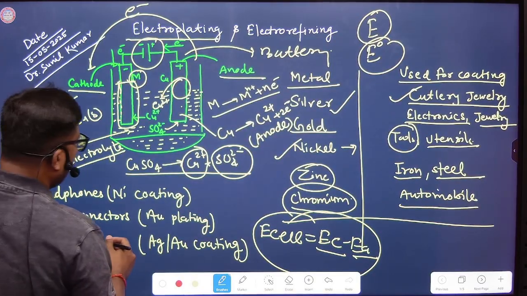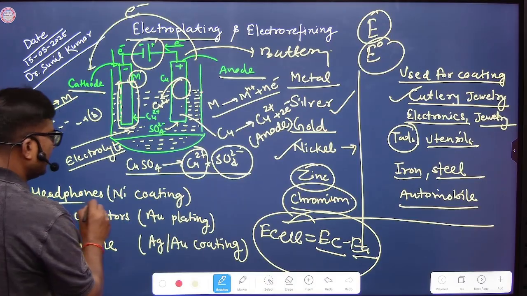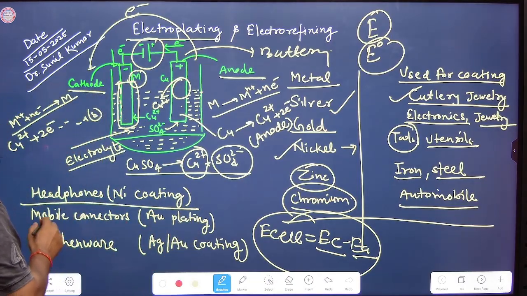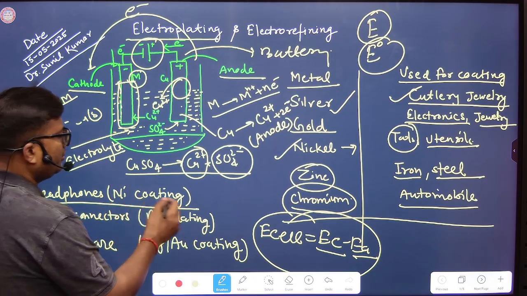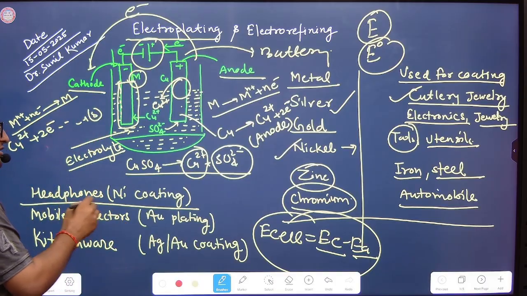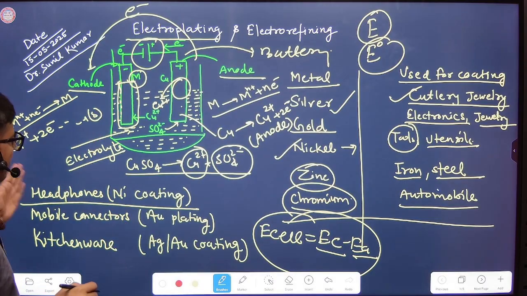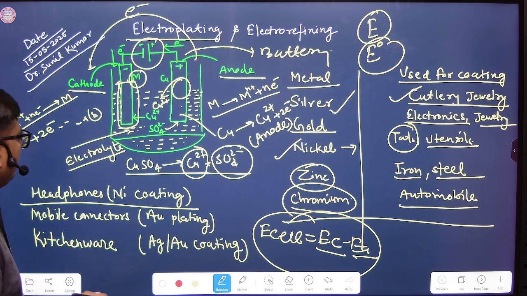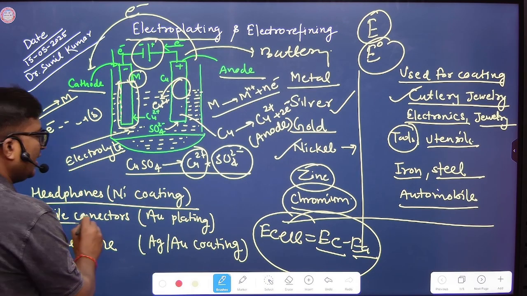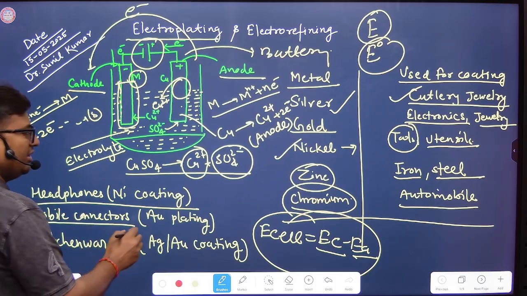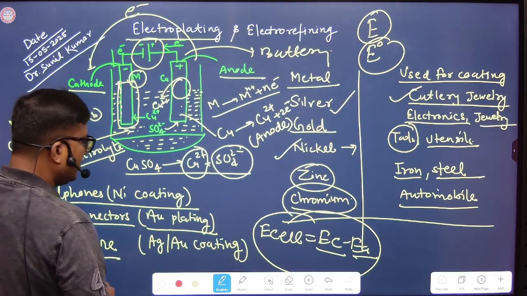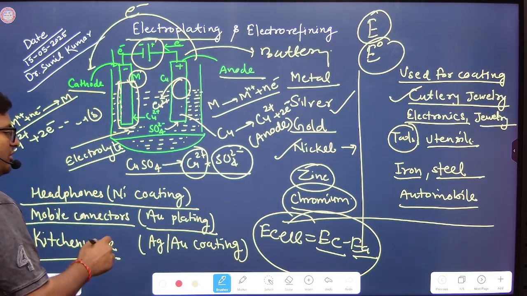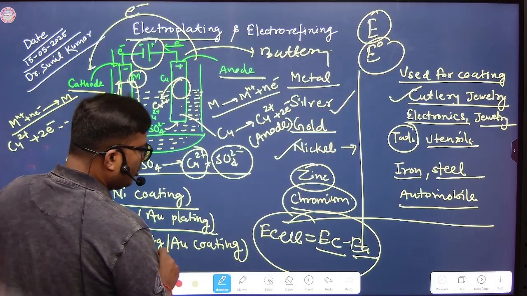So in general daily life, what are the applications? Headphones are nickel coated, so they are always deposited with nickel. And mobile connectors are Au plated, right? And some kitchenwares in the home are silver or gold coated.